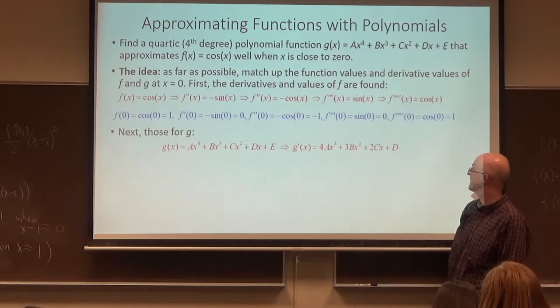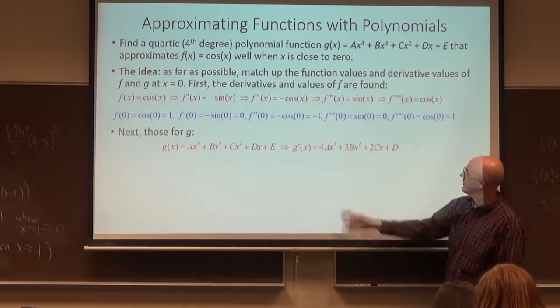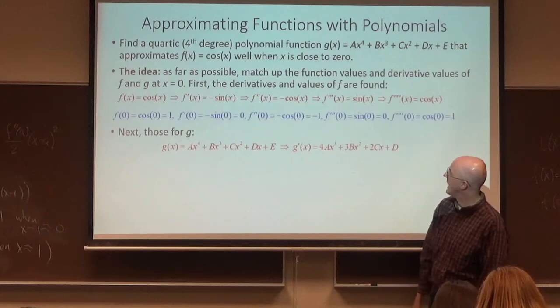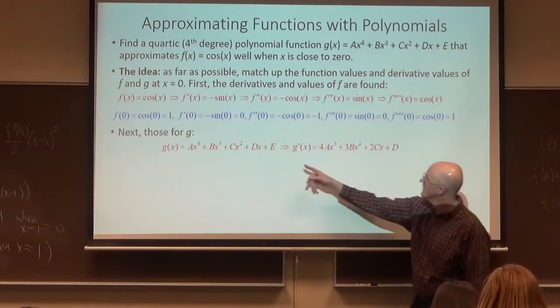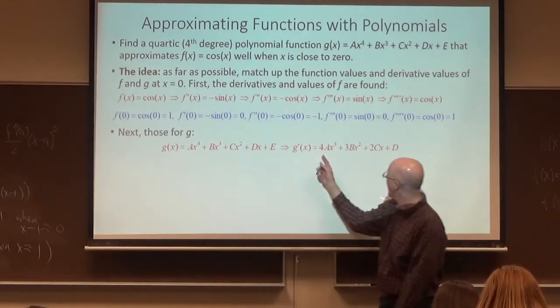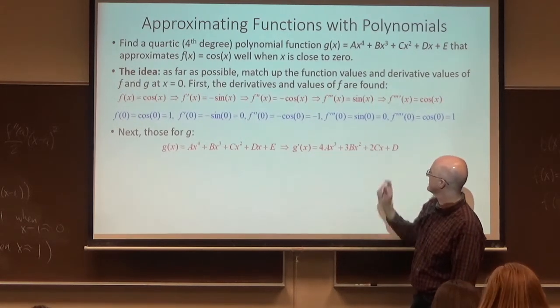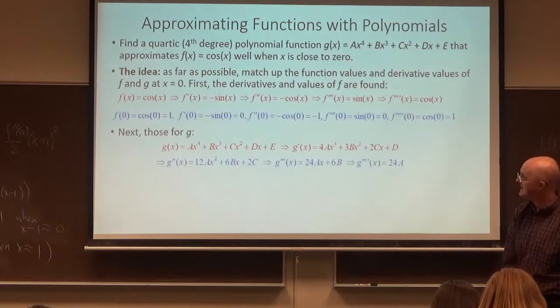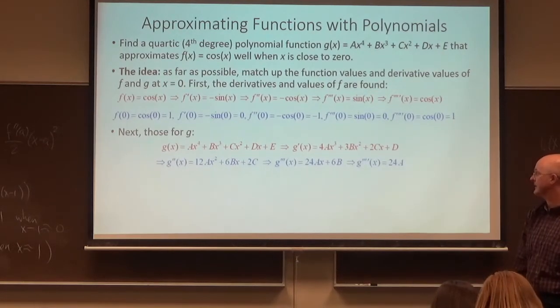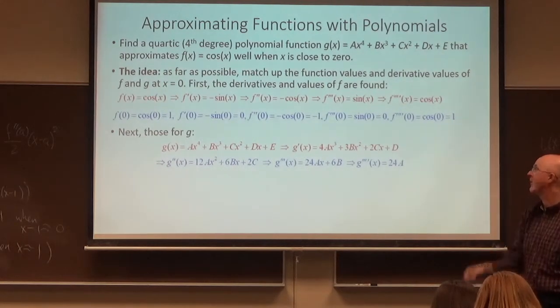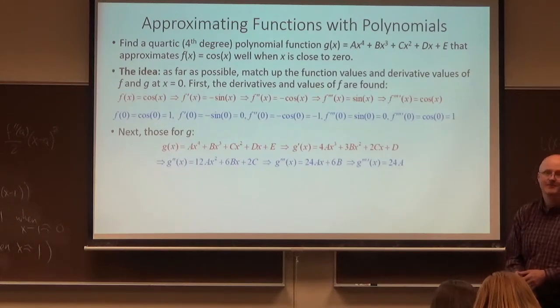It differentiates to 0. But with every other one, we're using the power rule. We're bringing down the powers and subtracting one from the exponent. Bring down this 4, get a 4a, make the exponent go down by 1, or 3, etc. Which means the second derivative, third derivative, and fourth derivative are what you see here. And yes, the fifth derivative would be 0, but I didn't bother writing it.